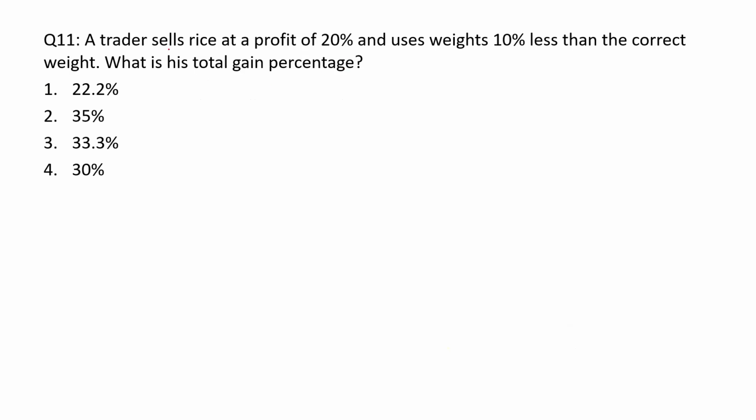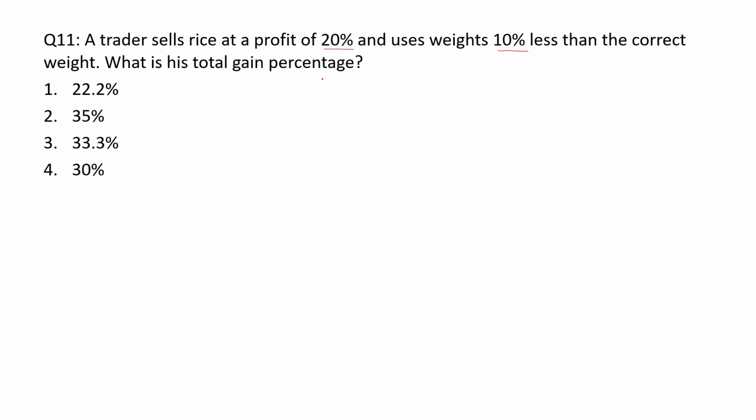It is like instead of 1000 gram, he is giving only 900 grams because 10% less he is giving. But he is making profit of 20% on 900 grams. So that is the scenario. You understood?